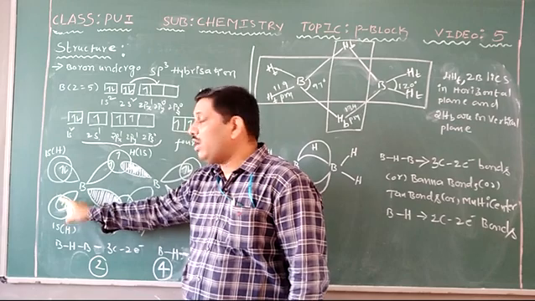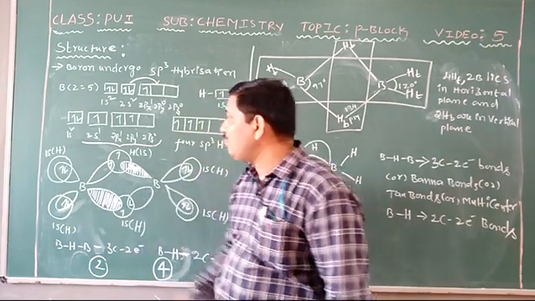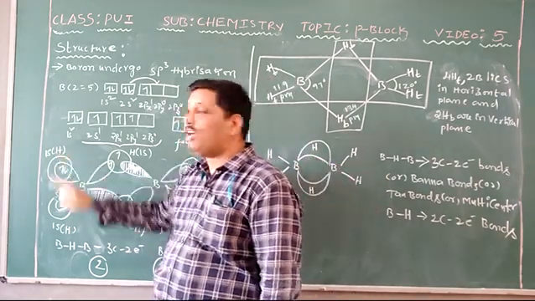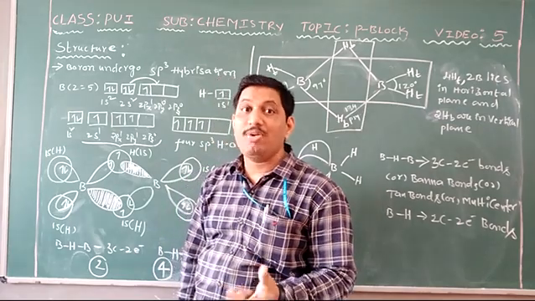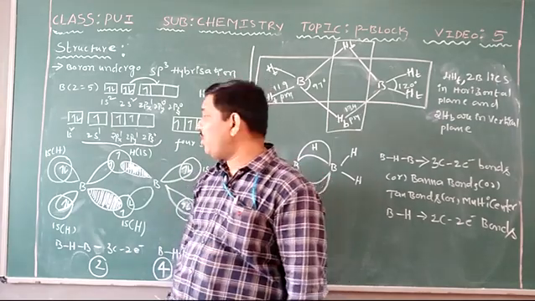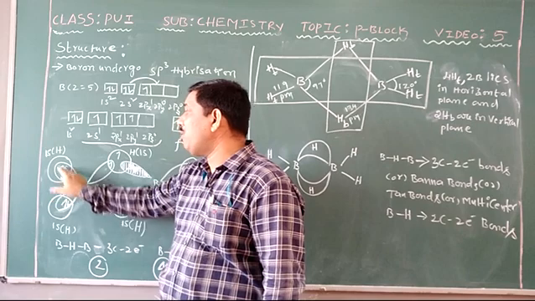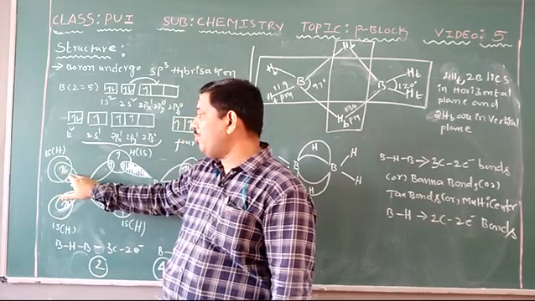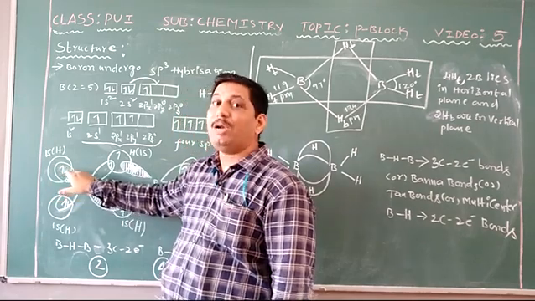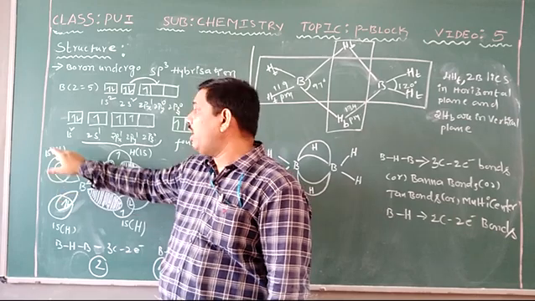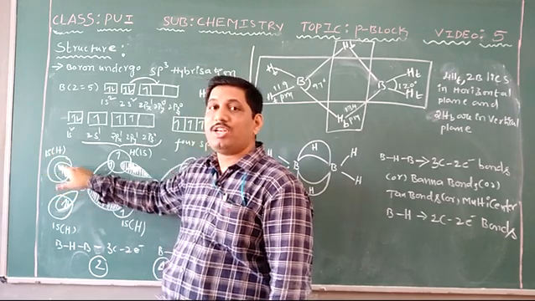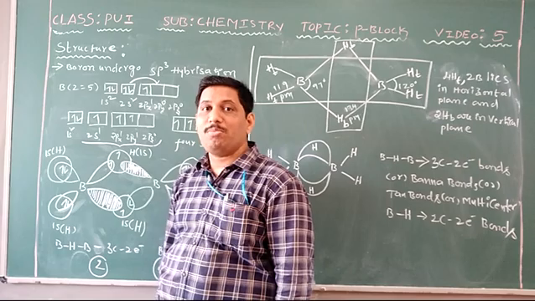These 2 hybrid orbitals of the boron atom overlap with the 1s orbital of hydrogen atoms of diborane. What happens? A normal sigma bond is formed between these 2. The hybrid orbital of boron can give 1 electron, and the 1s orbital can give 1 electron. There is a formation of a normal sigma bond between these.